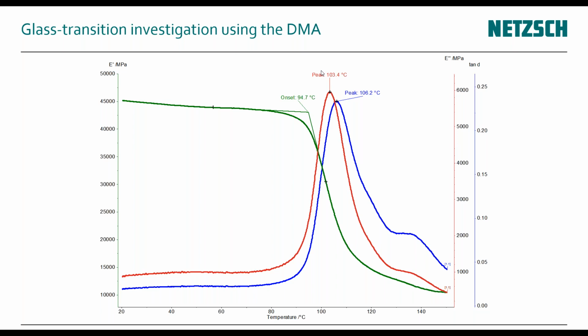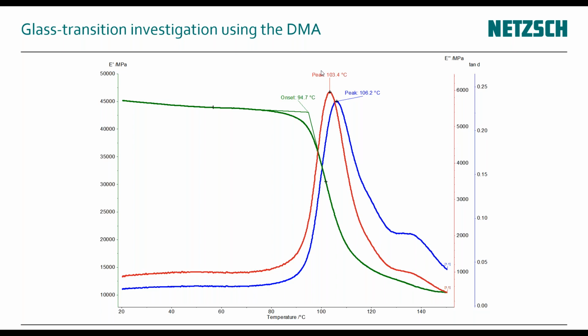This gets more significant if fiber volume content changes, but the DMA will always show you this kind of transition, or you would find a peak in E prime, in the loss modulus somewhere. So this is why the DMA, dynamic mechanical analysis, is more significant.